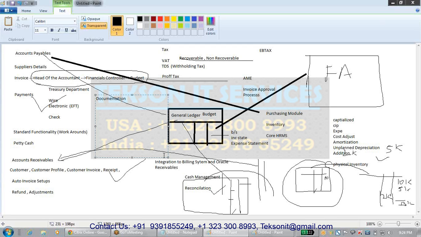Still, suppose you are going to an implementation for any client. The client does not know Oracle Financials. If you go and speak in Oracle Financials terms, will they understand? They won't understand. You speak in the aspects of accounts. Suppose petty cash is there, and you want to configure the petty cash in Oracle Payables. If you speak as per Oracle Payables, the client does not understand.